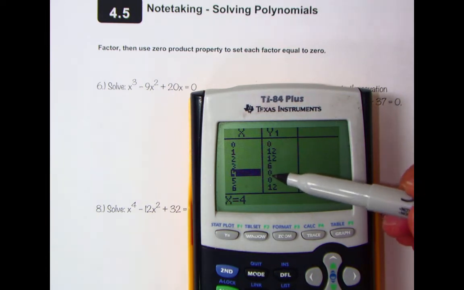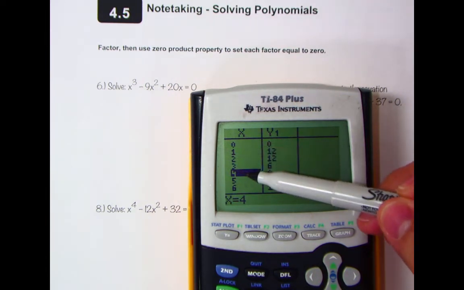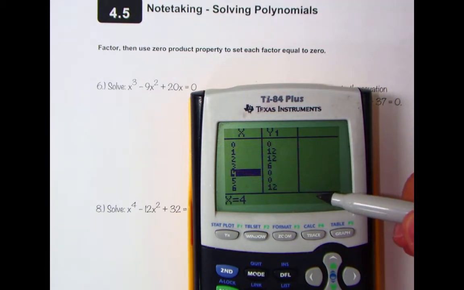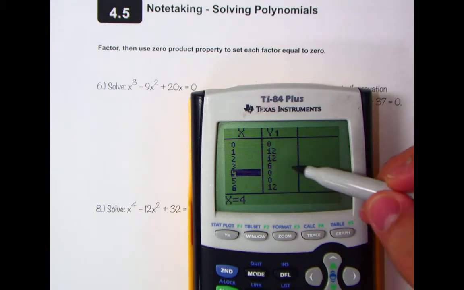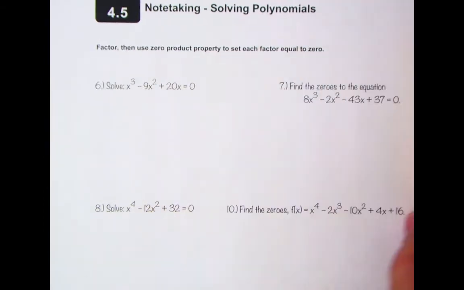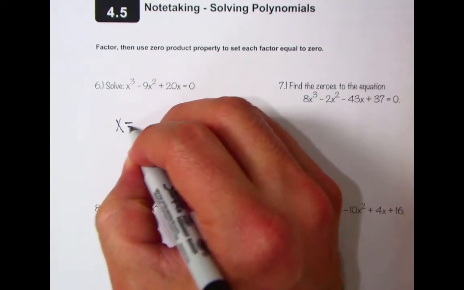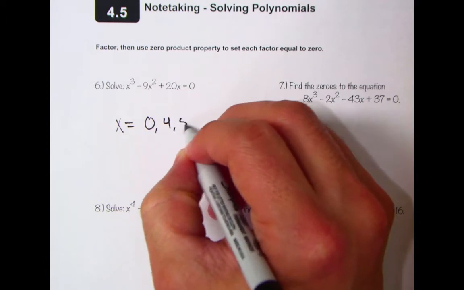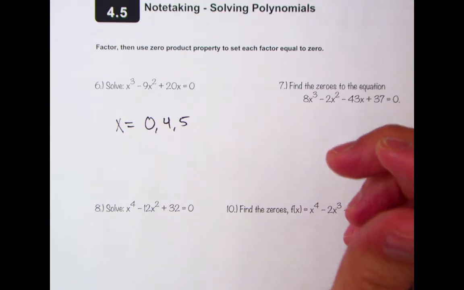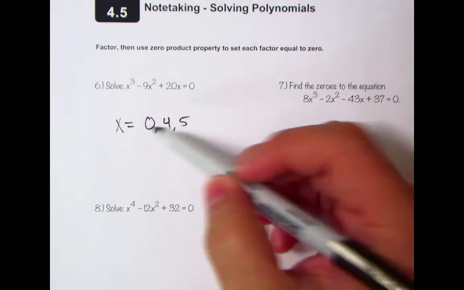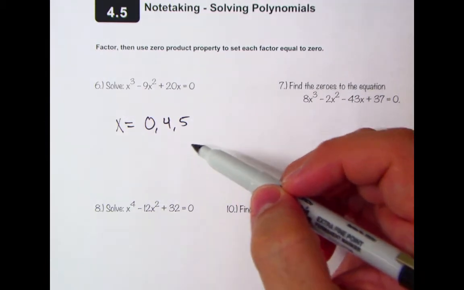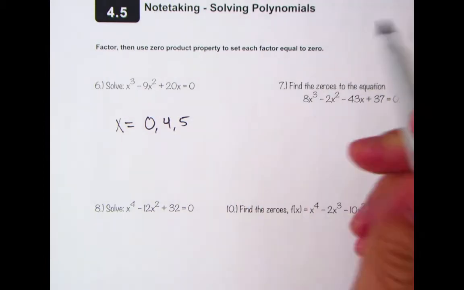I know all 3 of my solutions. They're right there: 0, 4, and 5. Remember, your x-intercepts are where y is 0. So anywhere you see y is 0, at 0, 4, and 5, those are your solutions. So I can go right to x equals 0, 4, and 5. I don't need to do anything. You will have problems like that where all of your answers are whole numbers. Anytime that happens, you don't need to do any more work.